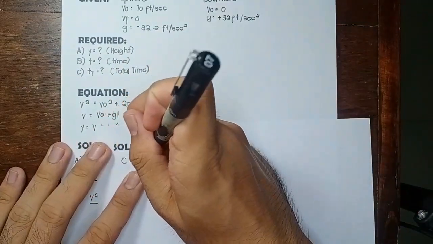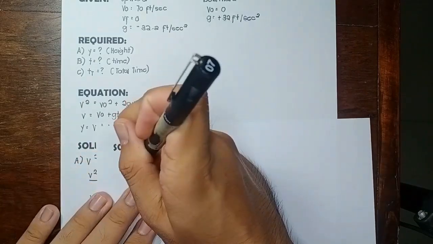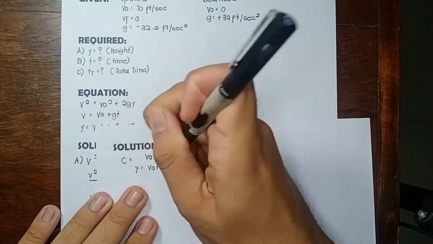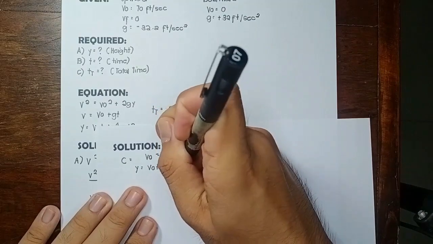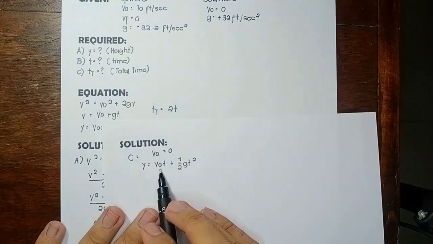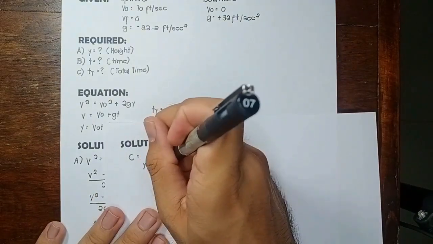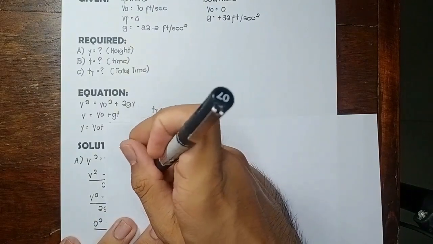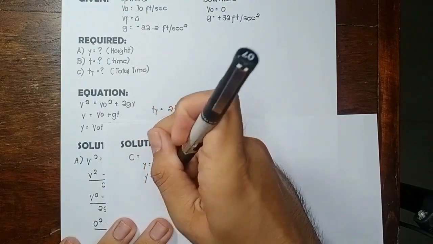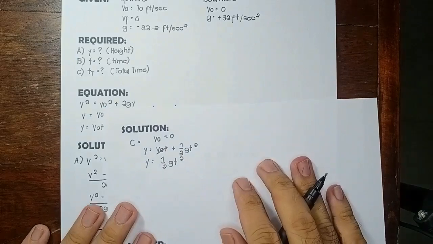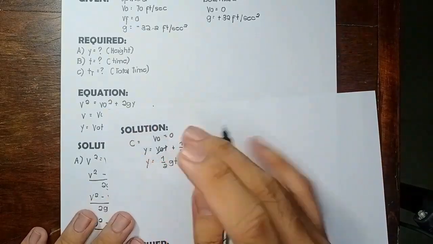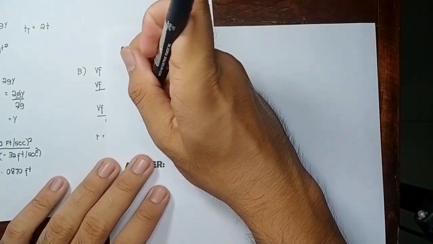At letter C, we're going to use the equation y is equal to v0t plus 1/2 gt squared. We're going to use this formula so that we can calculate for the time it traveled from the top down to the ground by using the velocity equal to 0, and our formula will be 1/2 gt squared.